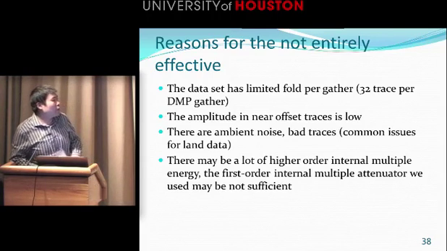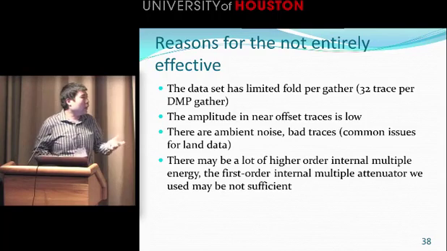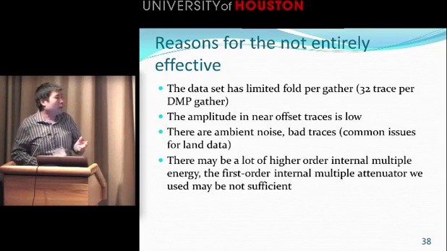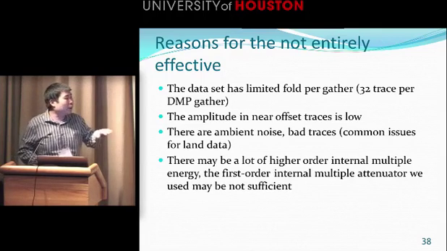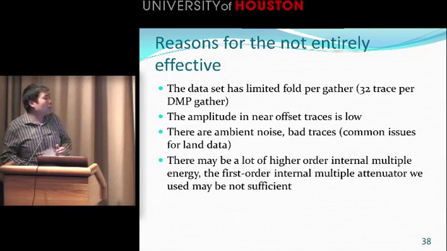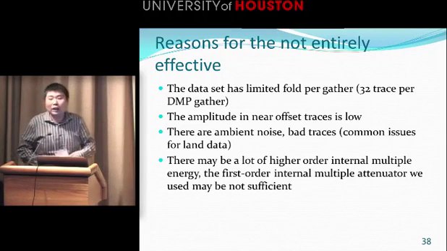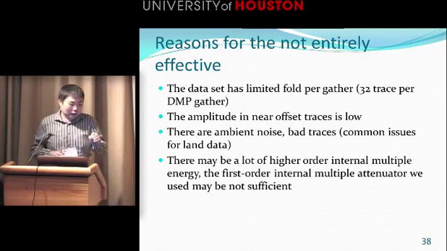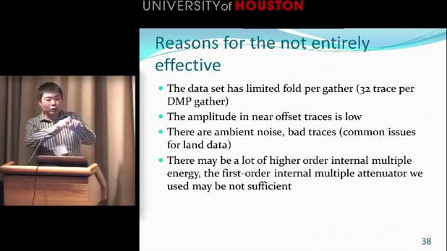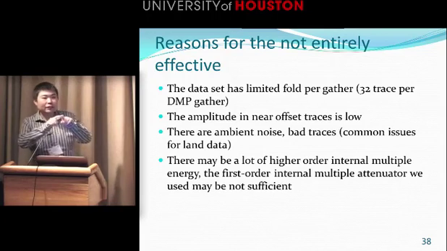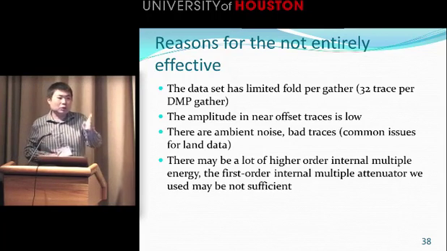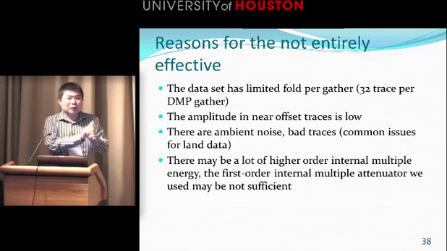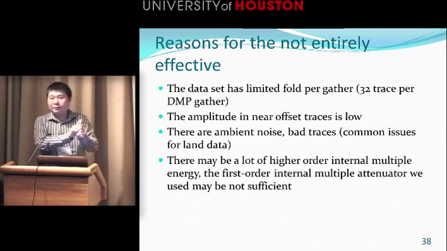Someone may argue that since we have the output for higher order multiple prediction, we can use adaptive subtraction to subtract not only the first order internal multiple, but also higher order internal multiple events. But keep in mind that we do the adaptive subtraction window by window. If within one window we have both correct priority and flipped priority, the adaptive filter cannot fix that.